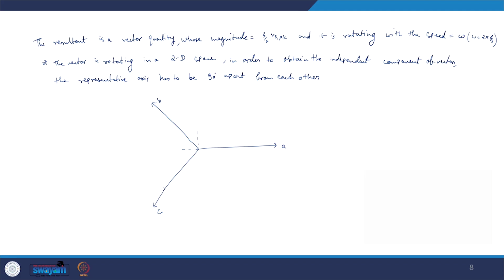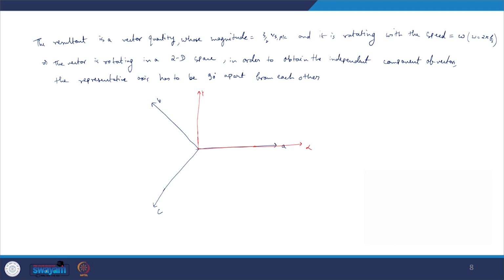So in this case we define two axes in such a manner that their projections onto each other are 0. That means the component of the vector on any one of the axes is completely independent of the component on the other axis. Let us define the two axes to be the alpha and beta axes.